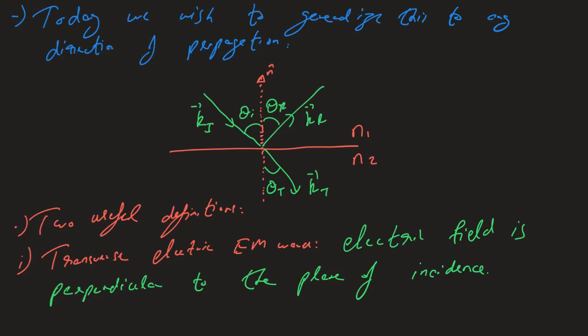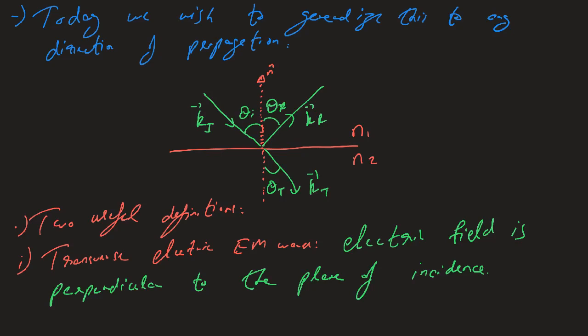What does that mean? It means that if this is your surface, your interface, and this is your incoming plane wave, the electric field is orthogonal to this plane. If these define a plane, and the electric field points out of the screen, that's transverse electric.